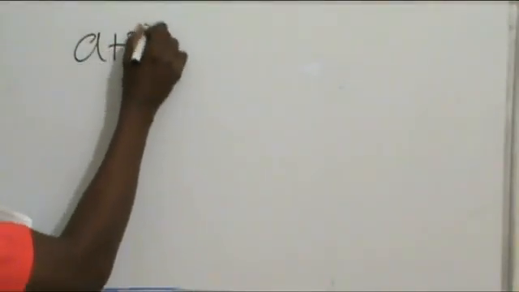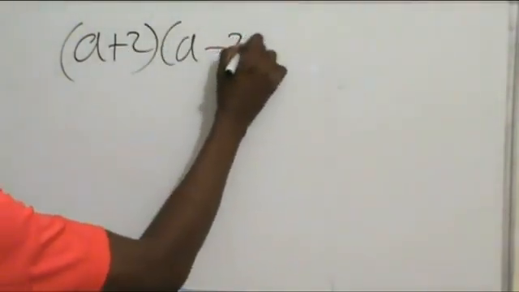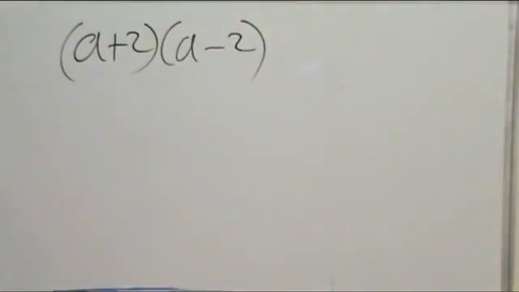Alright, so we have to start a plus 2 into a minus 2. Right, now one of the key factors when you're dealing with difference of two squares is simple observation.